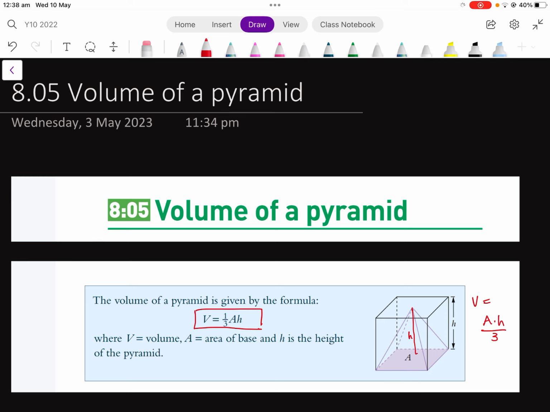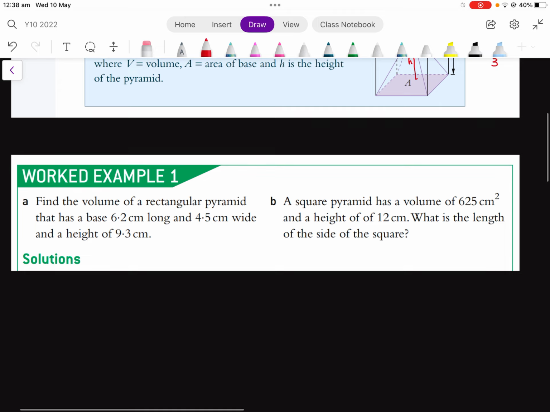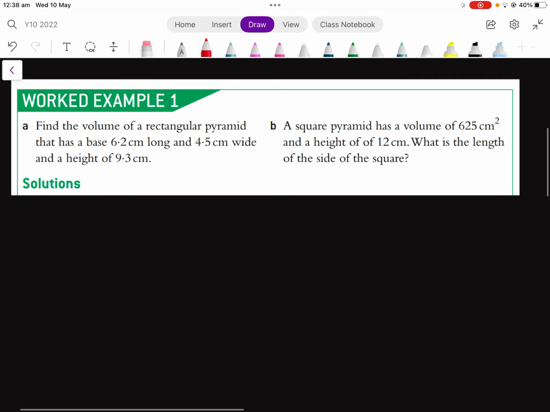Very simple to remember. So let's look at a couple of examples. First example, find the volume of a rectangular pyramid. The base is 6.2 centimeters and width is 4.5. So it's a rectangular base pyramid, and the base area is 4.5 times 6.2, and the height of this pyramid is 9.3. So this is the height.